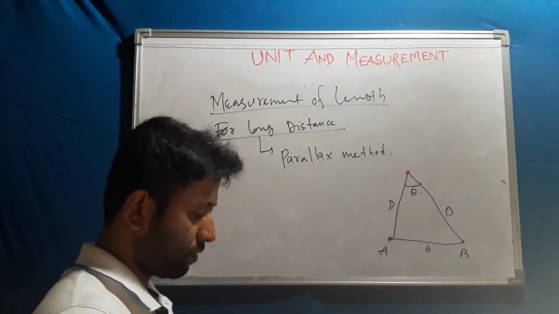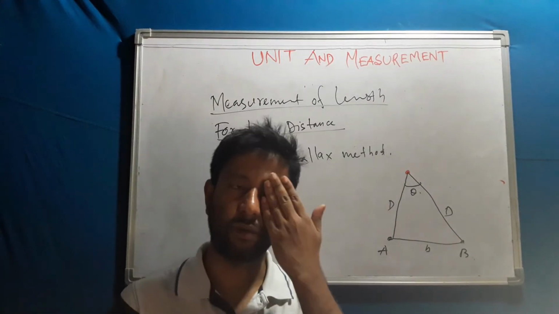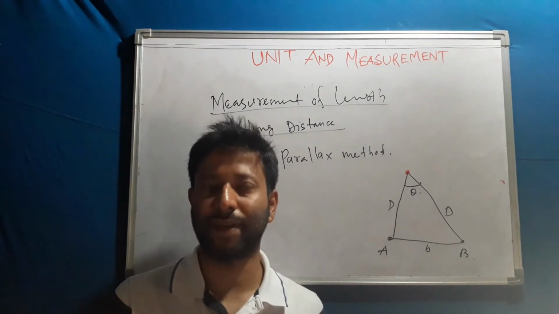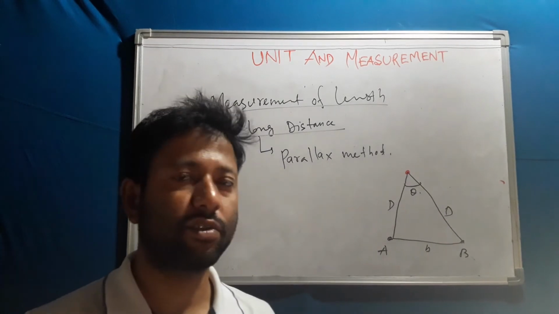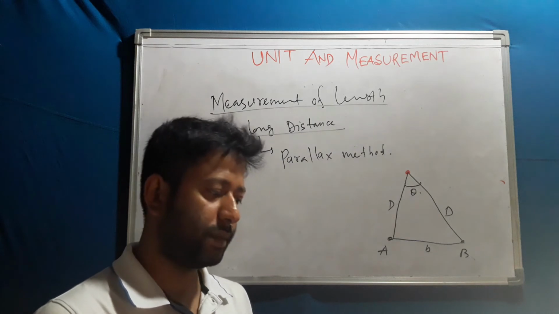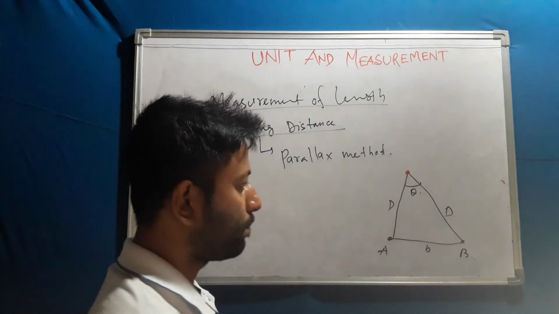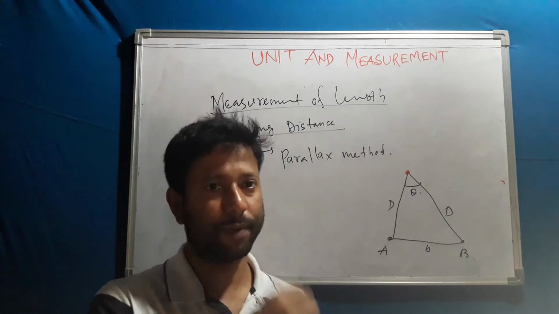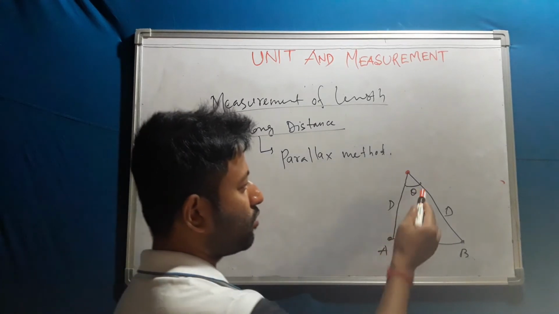Whatever I told you before, whenever I observe by right eye and left eye, the position appears to change, though practically it is not changing. This incidence is known as parallax. The distance between these two eyes is known as the base, and this angle is known as the parallax angle.